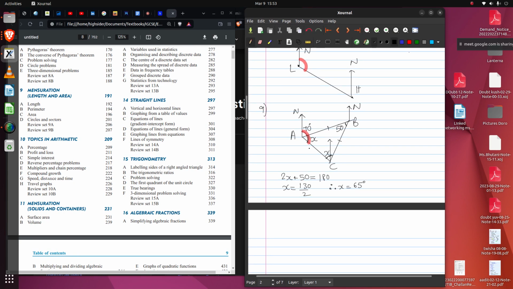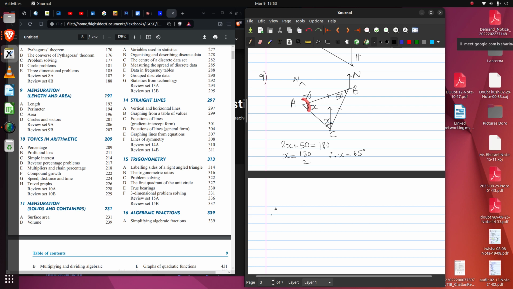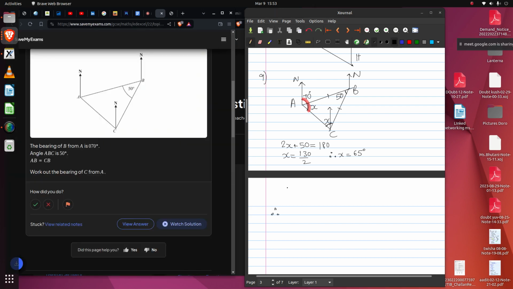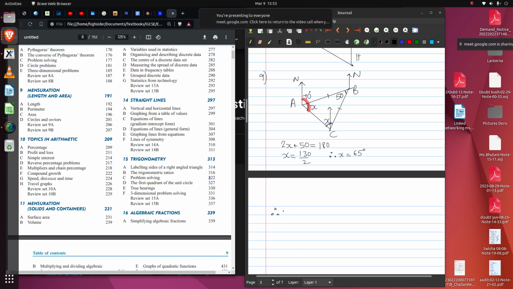You want the red angle, right? Yeah. So, what is it? Will it become 20 degrees? 20. Yeah. The red is the summation of x plus 70, isn't it?